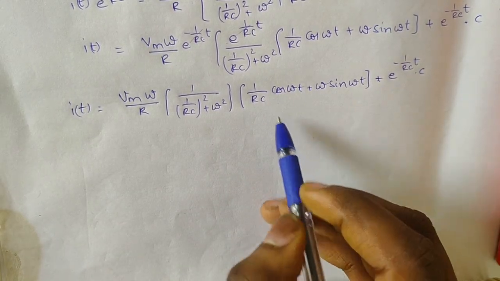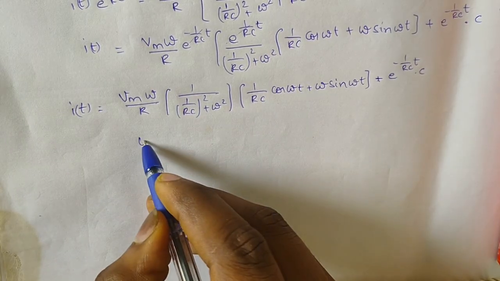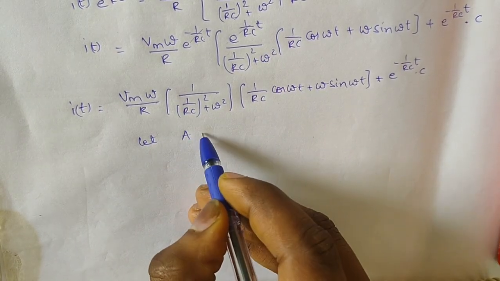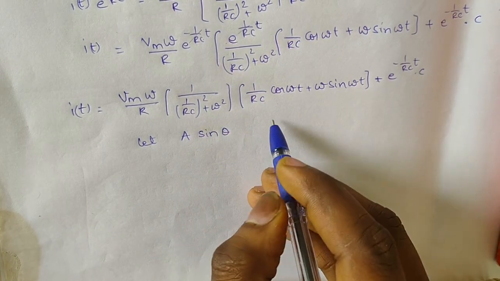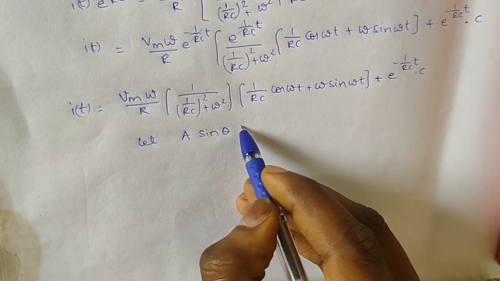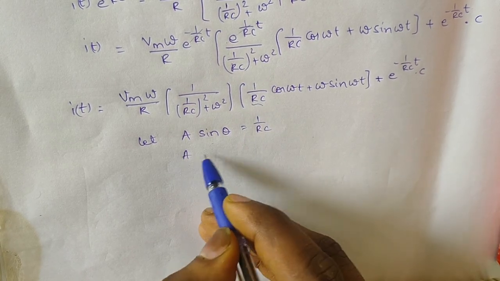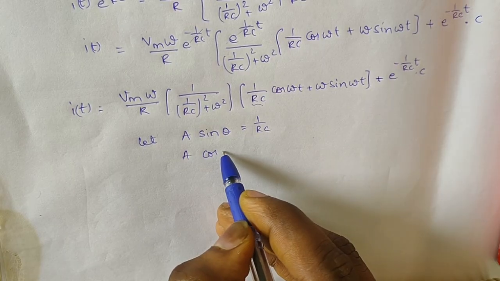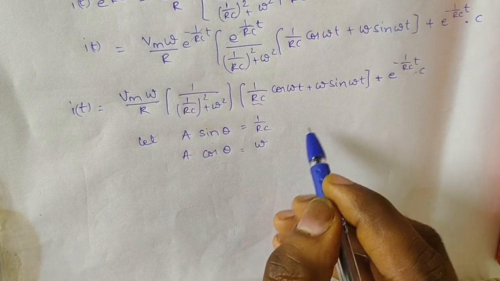To make it a simple equation, we are considering A sin theta is equal to 1 by RC and A cos theta is equal to omega.